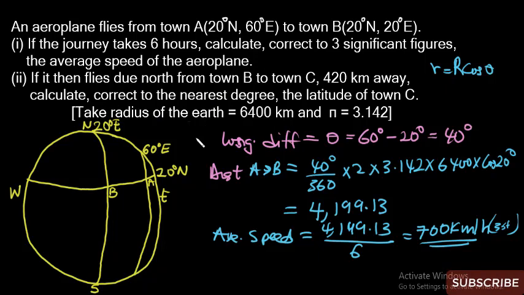Next, let's take a look at the second question. The second question says the aeroplane now flies due north, so that means it will go up. So we have another brand new latitude. This forms another location C, 420 kilometers away from B. We are to calculate the latitude at C. We don't know what this is, so that is what we want to calculate.